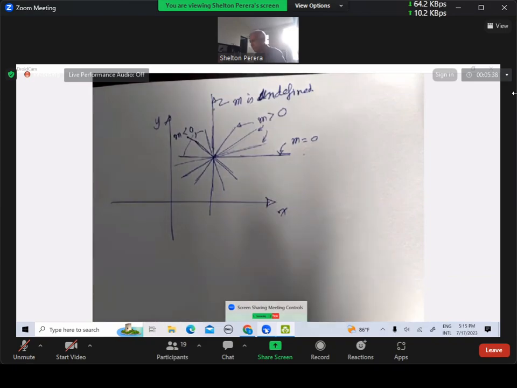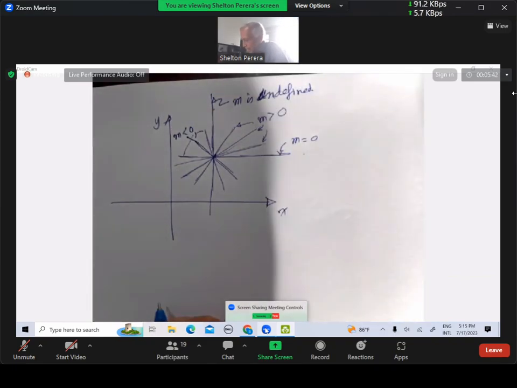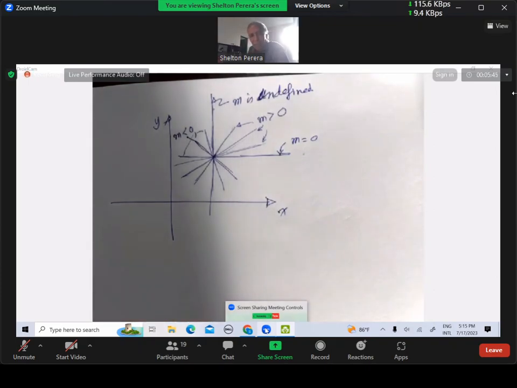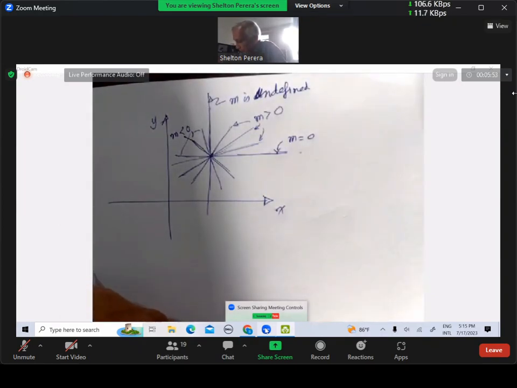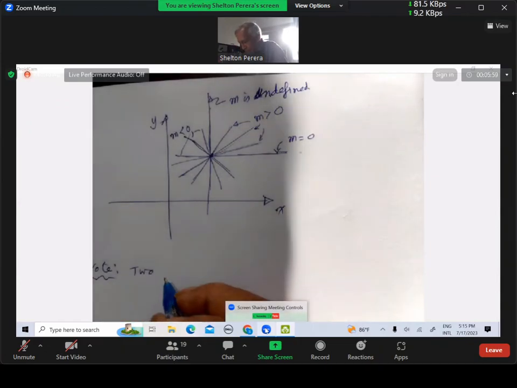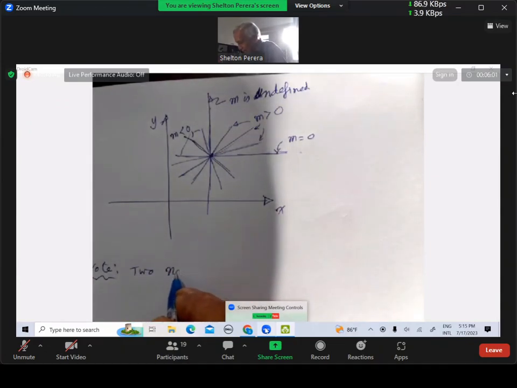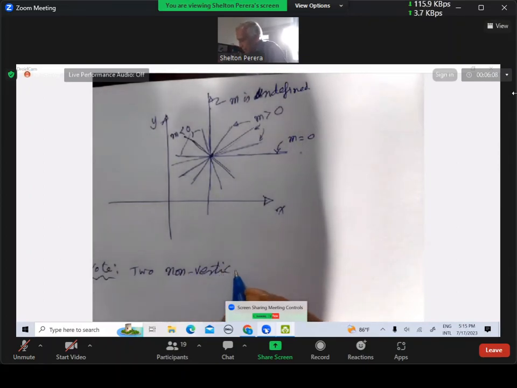Now there are two other conditions. What is the requirement for two lines to be parallel? Vertical lines are parallel to each other.